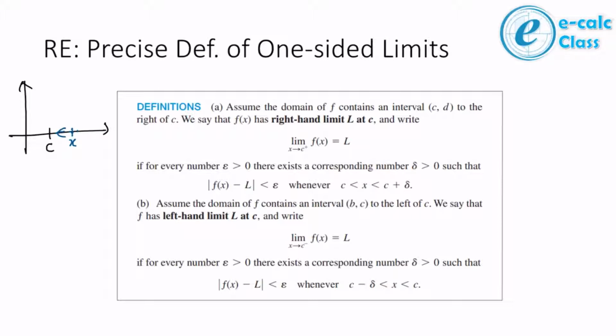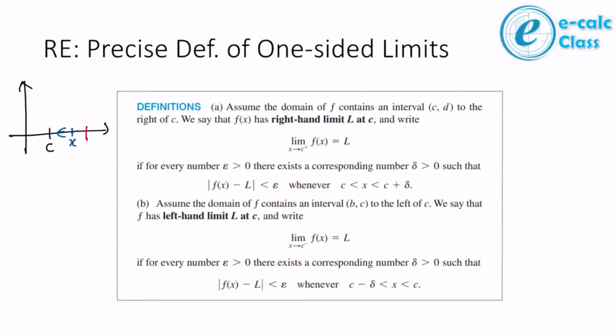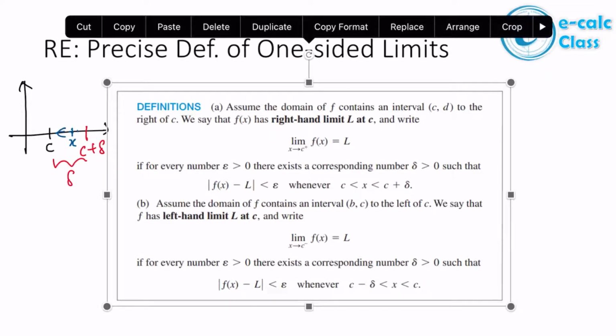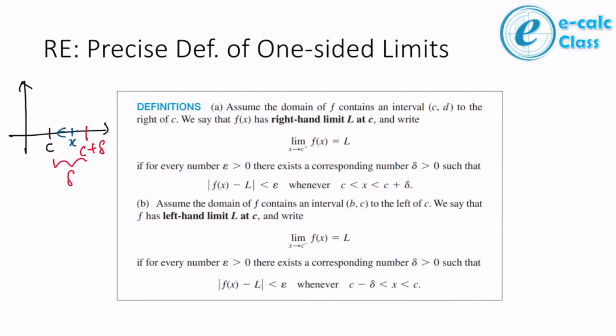So we say that your x value is within this region. I'm referring to right hand limits, I'm referring to this region, from c to this c plus delta. Maybe I should label it below. This is your delta, where delta is a very small positive number.